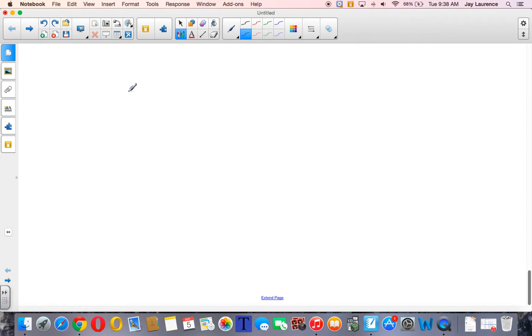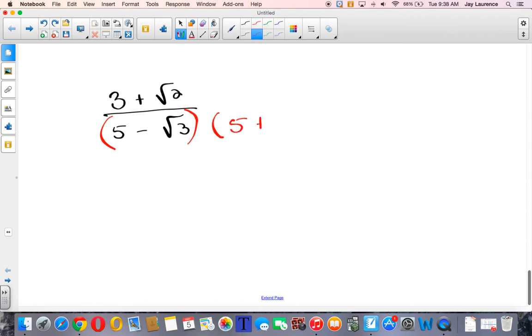All right. So let's try this one. How about 3 plus rad 2 over 5 minus rad 3? To rationalize my denominator in this case, I'm going to multiply by 5 plus rad 3 in both the numerator and the denominator.